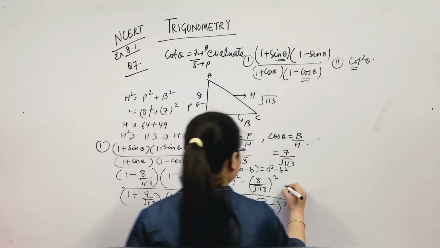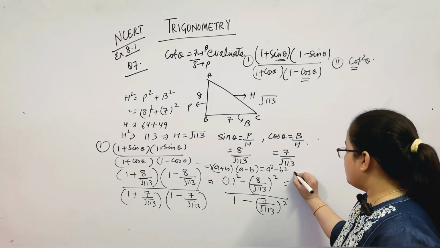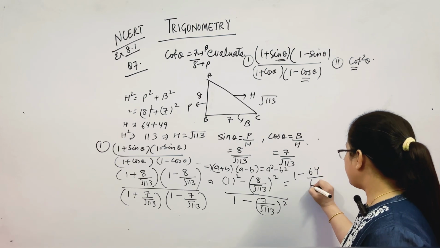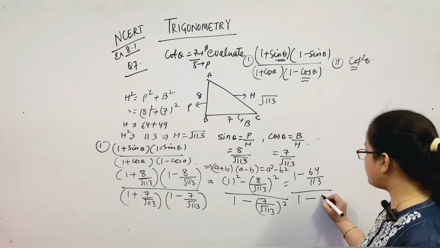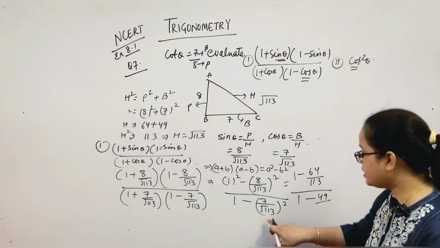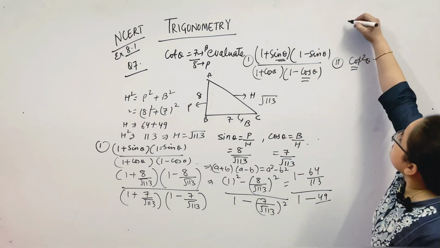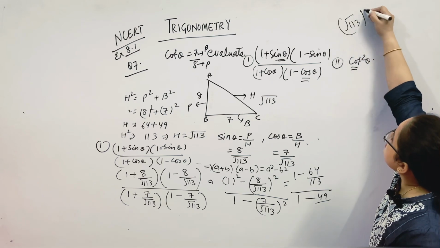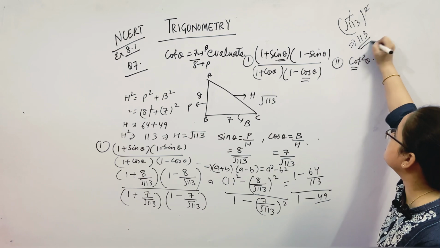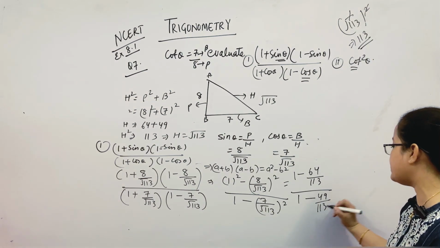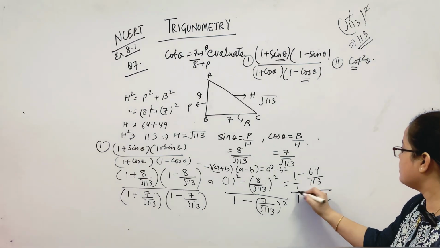So 1 minus 64 over 113 and 1 minus, what is 7 square? 7 square is 49. And one thing I would like you to know is that the square and square root will get cancelled out, so it will become 113 only. That's why I am writing it simply as 113.